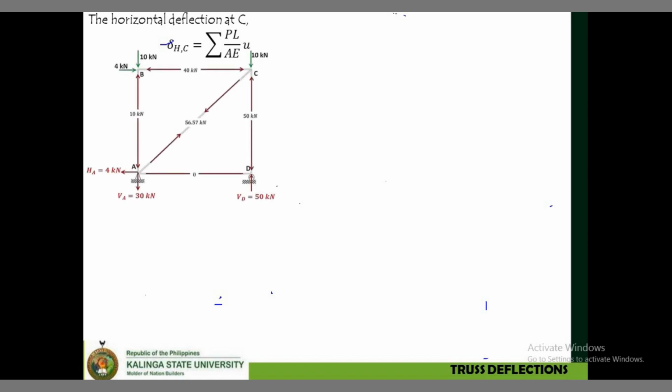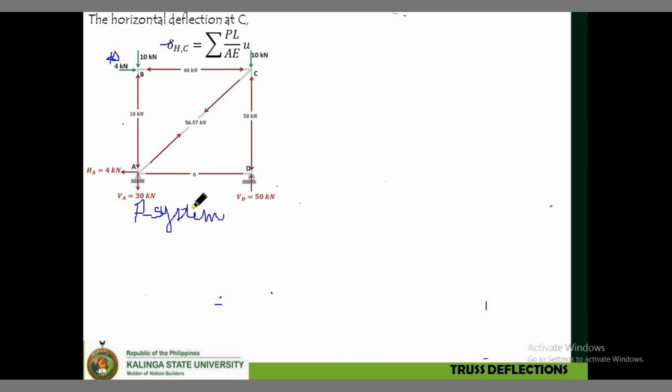So, kanina, itong figure na nakikita niyo sa screen, yan yung values na nakuha natin nung in-apply si, this should be 40 kilonewtons, yun yung given. In-apply si 40, si 10 kilonewtons, ito yung mga values na nakuha natin. Itong figure na to na nakikita nyo, this is your P system.